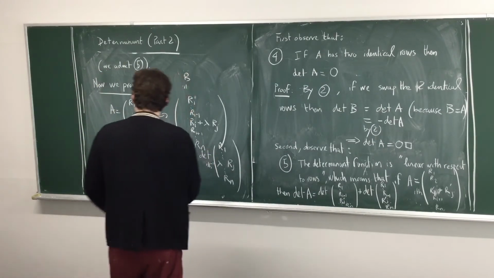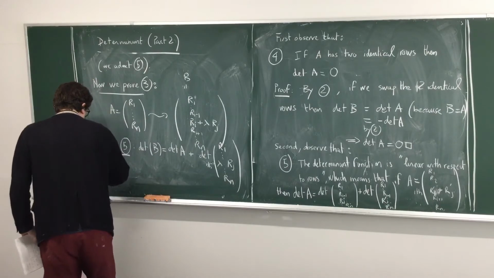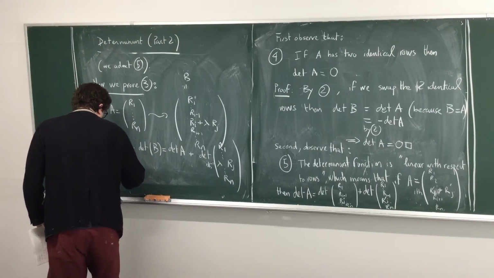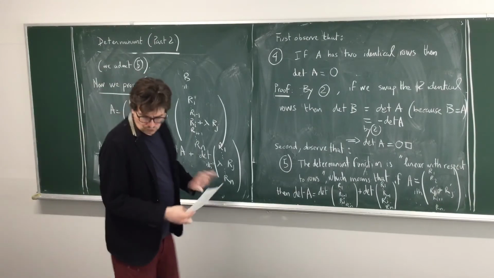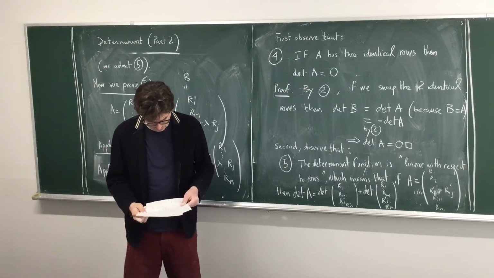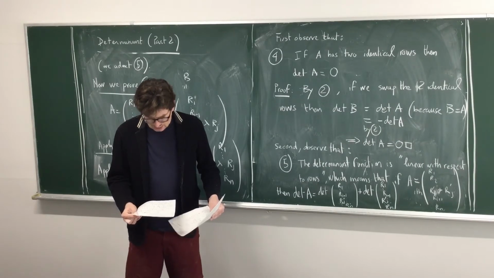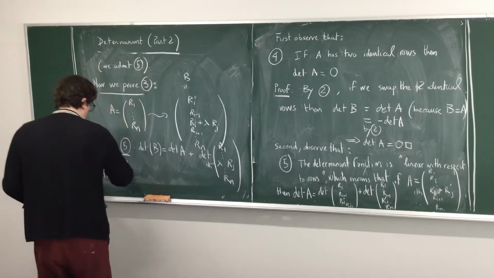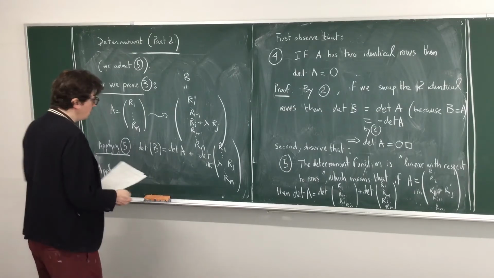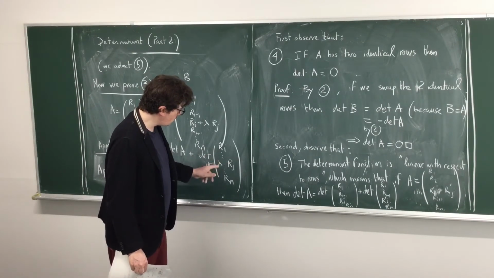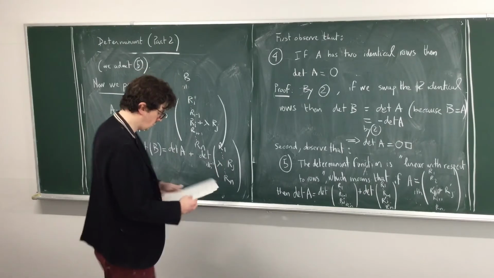Well, here I can apply, so which property was that? Yes, it was property 1. We apply 1. We know how a determinant behaves when we multiply a row by some constant lambda.